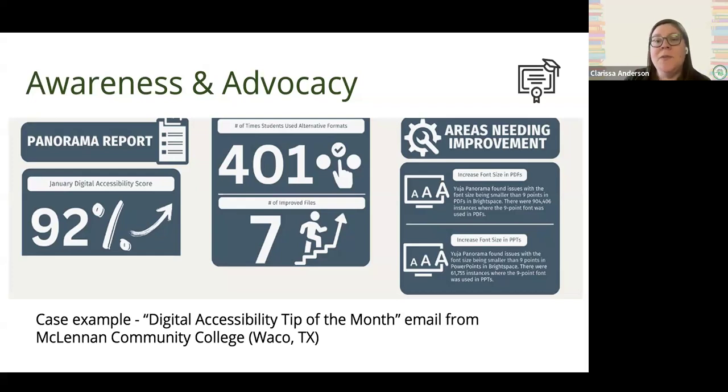Here's the number of times that students have used alternative formats. Here's how many files we've improved. And then in terms of areas that we still haven't quite gotten where we need to be, like we need to be focusing on increasing font size, for example. That's a great way to really know, well, here's where we're at, and maybe here's where we need to be after that.